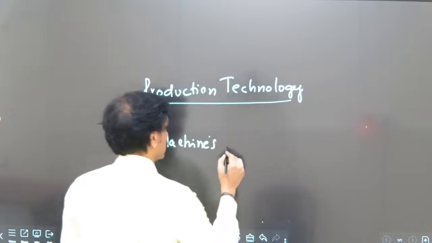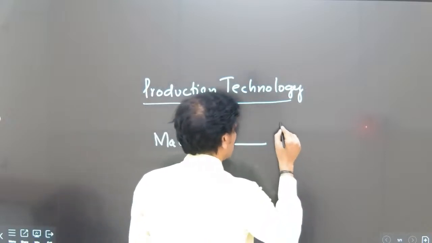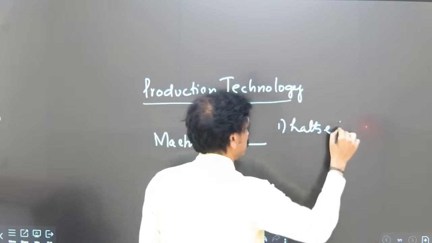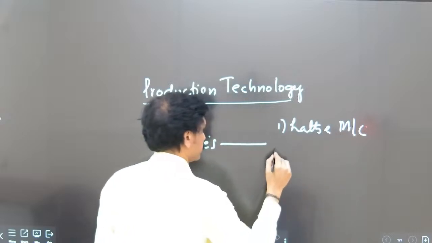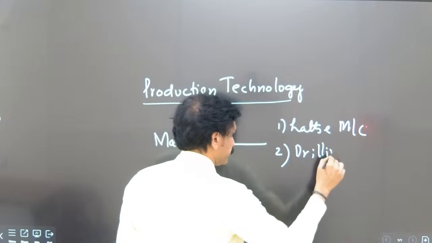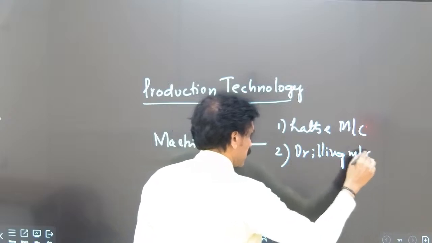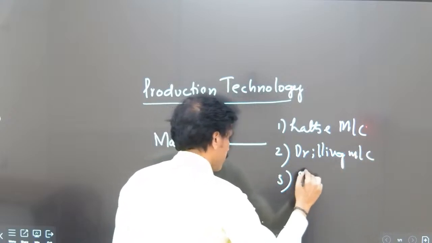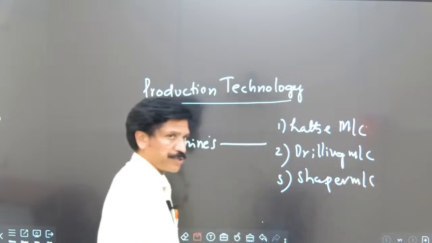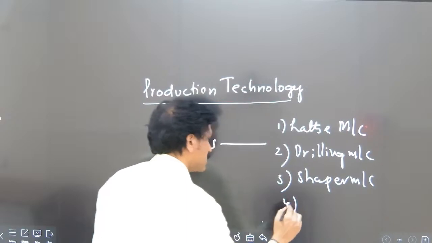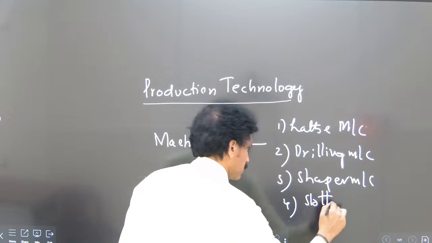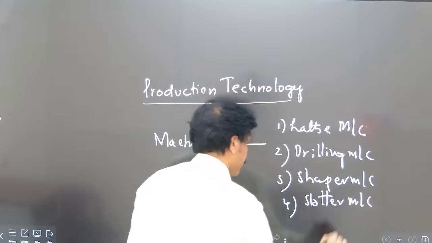We will see. Number one is the lathe machine. Number two is the drilling machine. Number three is the shaper machine. Number four is the slotter machine.